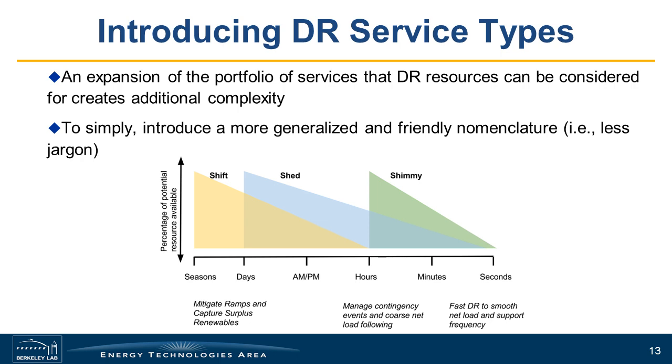So this can be addressed by shift, which is something that can be handled by season and also down to seconds. Shift is your load that can consume during the day or in the evening hours, and it can also shed load over a 24-hour period. And the remarkable thing about this resource is that it remains energy neutral.